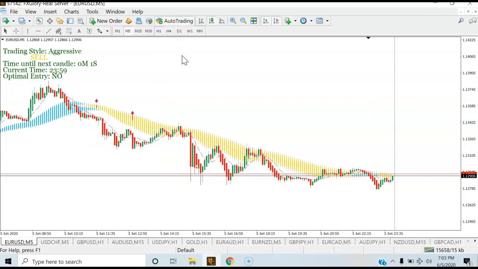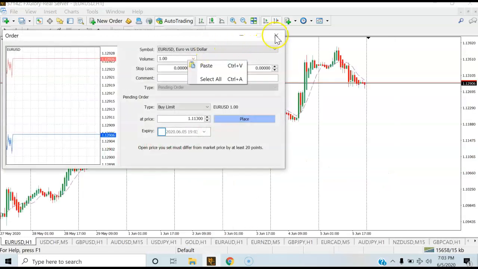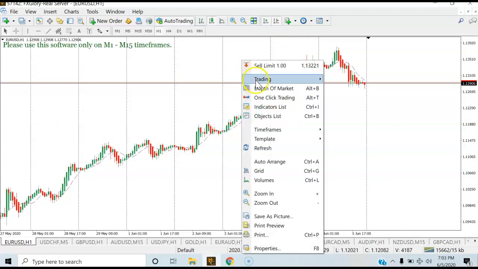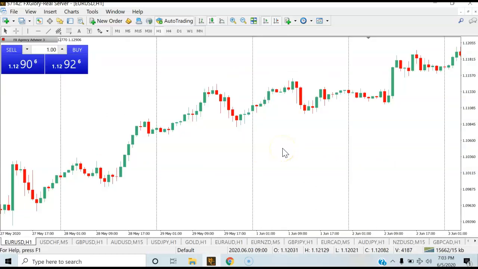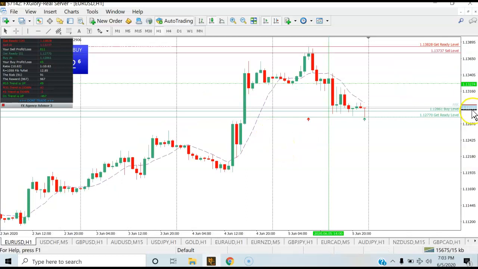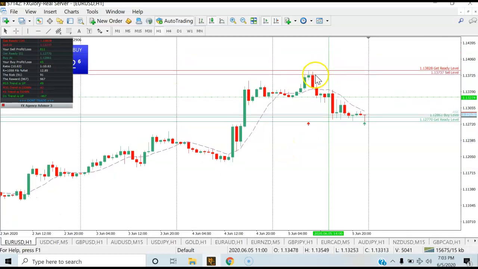Euro dollar did sell off today, and let me just pull up the advisory indicator. A nice sell-off today, and we were in a clear uptrend, but what happened? We have a sell signal on the 1 hour chart, and we have an evening star, which is even better.